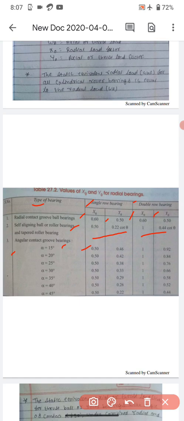And in case of double row bearing, X naught is equal to 1 and Y naught is equal to 0.92.